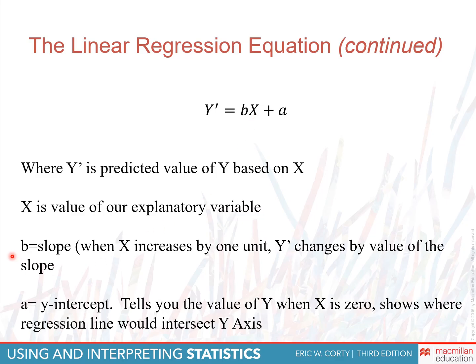And then b is going to be our slope. What the slope again tells us is that when x changes by 1 unit, y is going to change by the value of the slope. And then finally, a is our y-intercept, and that tells you the value of y when x is 0, and that shows you where the regression line is going to intersect the y-axis.